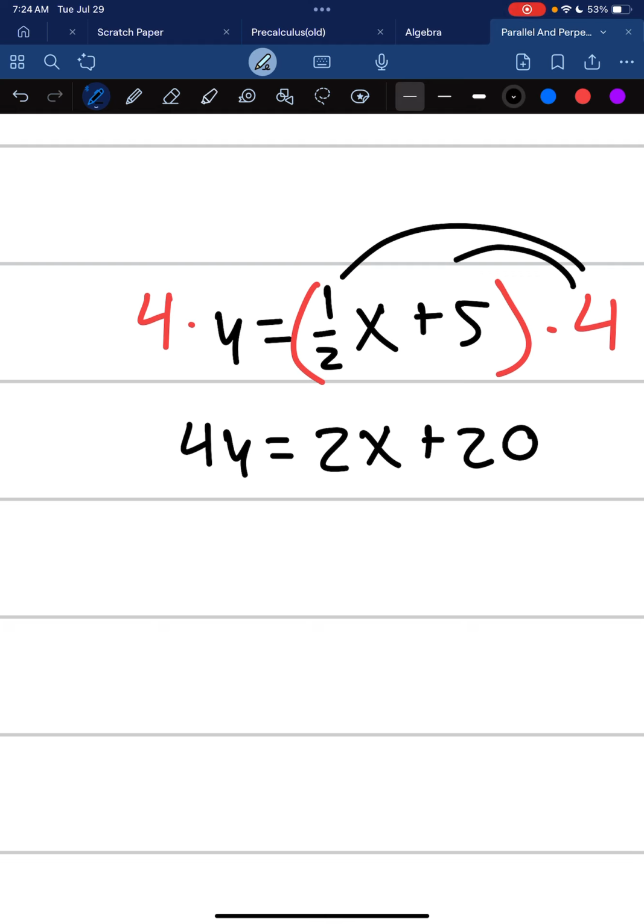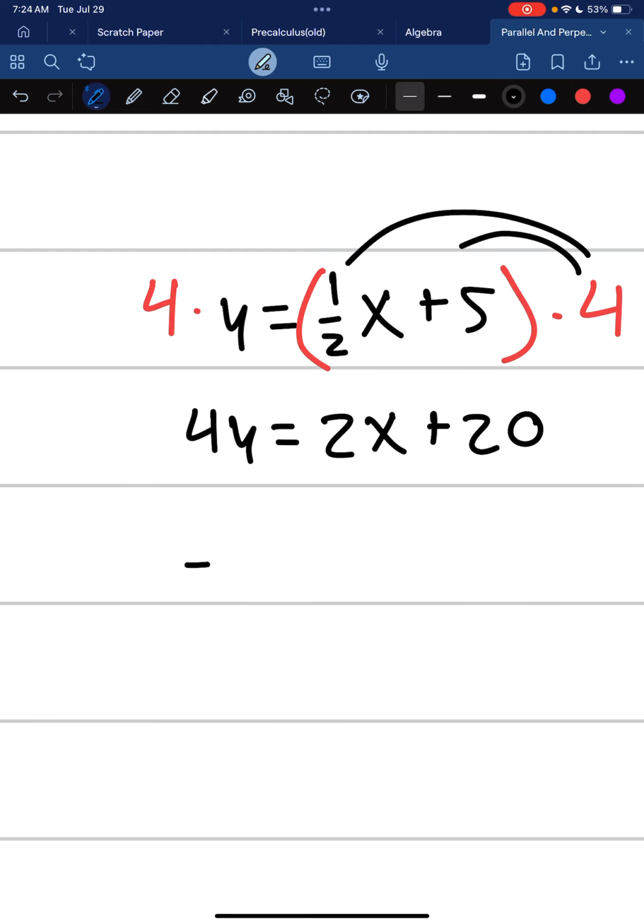Sometimes they might even rearrange it a little more. They might put it in standard form and make it negative 2x plus 4y equals 20, if I subtract 2x from both sides.